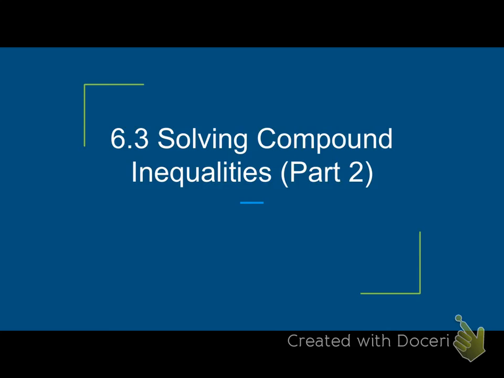What do we remember about and compound inequalities? Both of them have to be true. Yeah, in order for a number to be a solution for an and compound inequality, it must meet both conditions of both of my inequalities at the same time. It's got to be true for both inequalities. How do I know if a number is a solution for an or compound inequality?